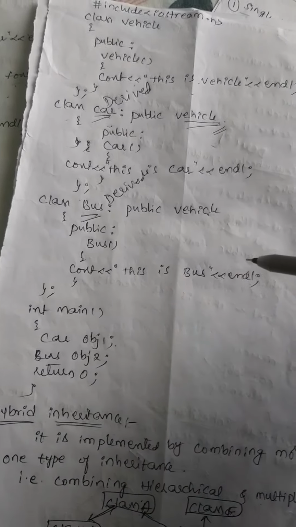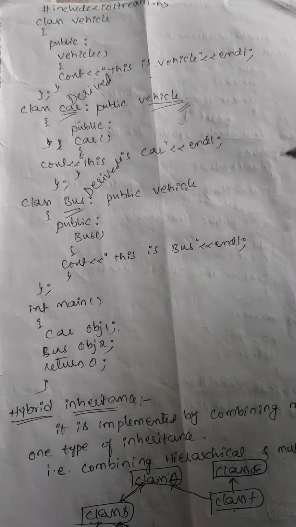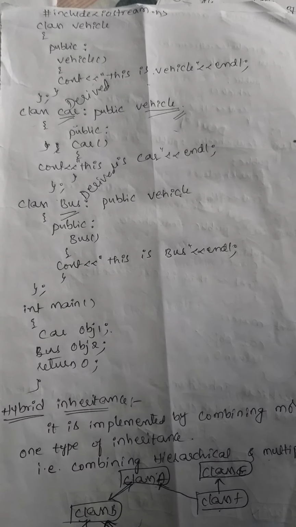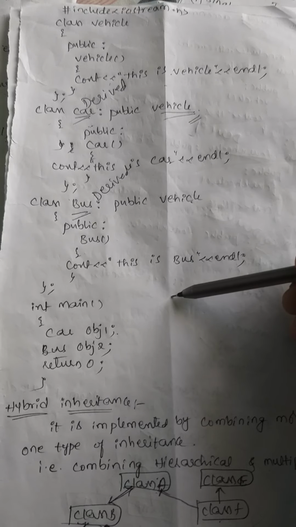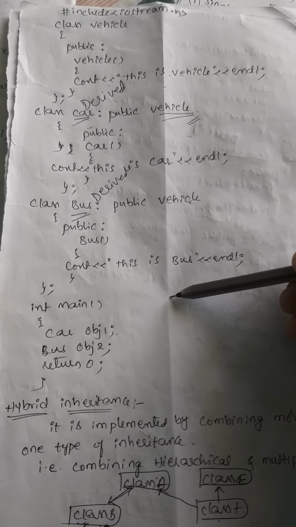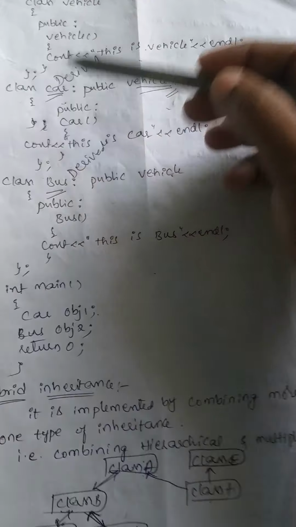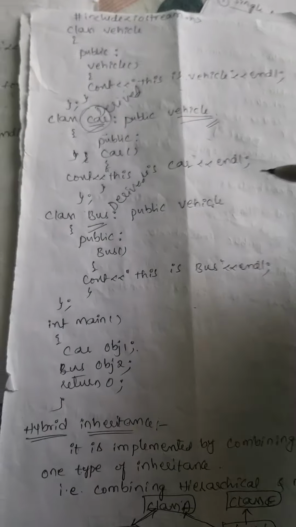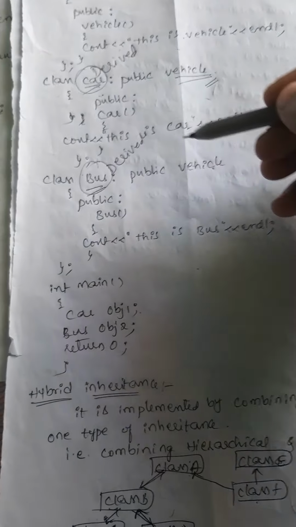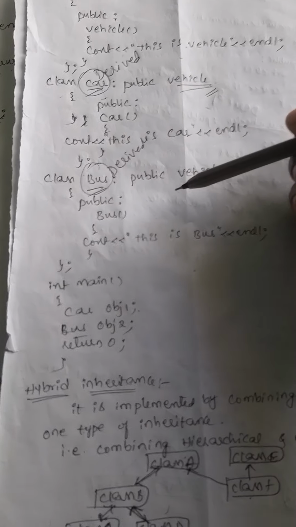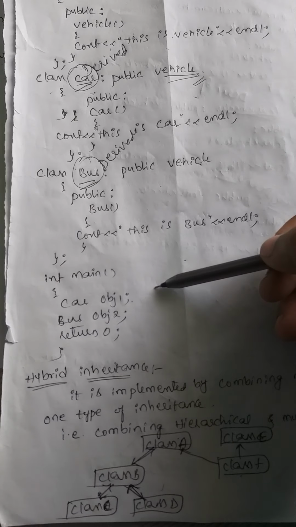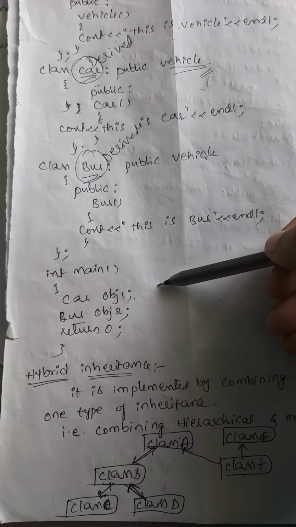In the main method, in hierarchical inheritance, we have a number of derived classes deriving from one base class, so we create separate objects for each derived class. In this case we have one derived class, car, and one more derived class, bus. However many derived classes you are using, that many objects you have to create in the main method.